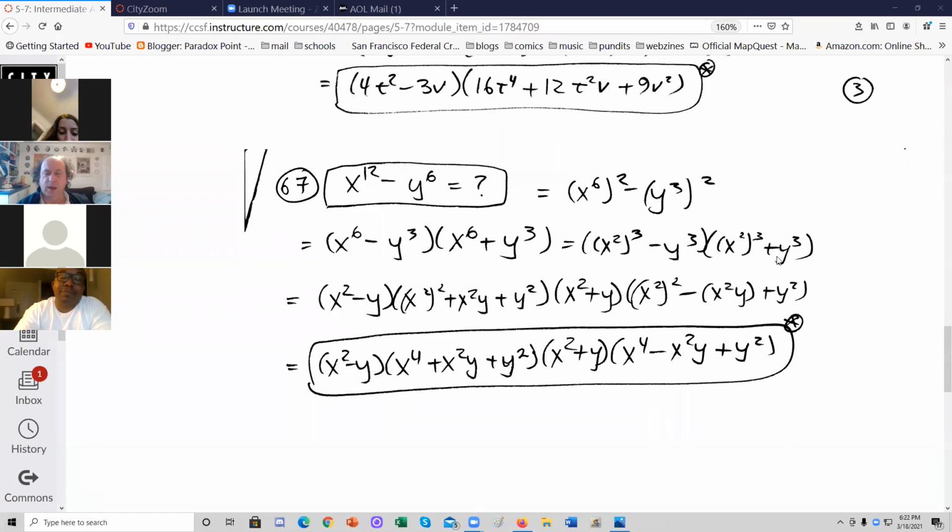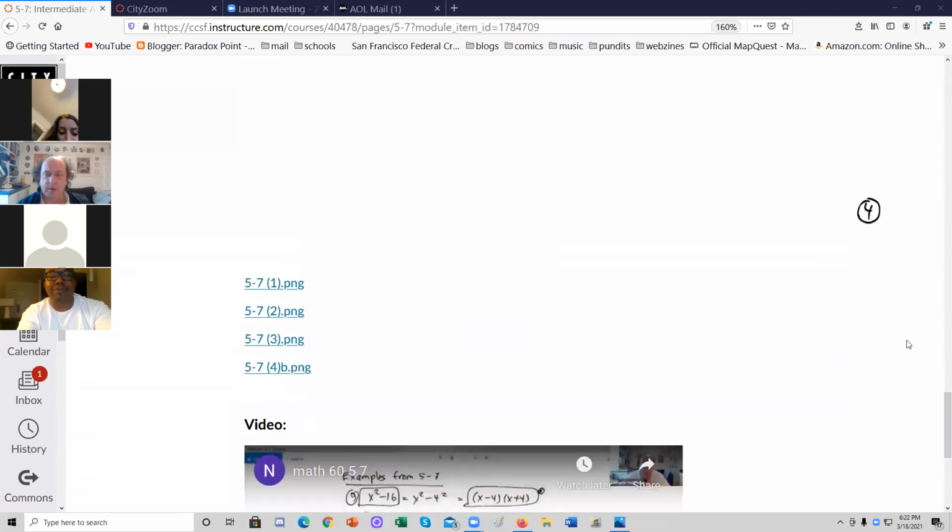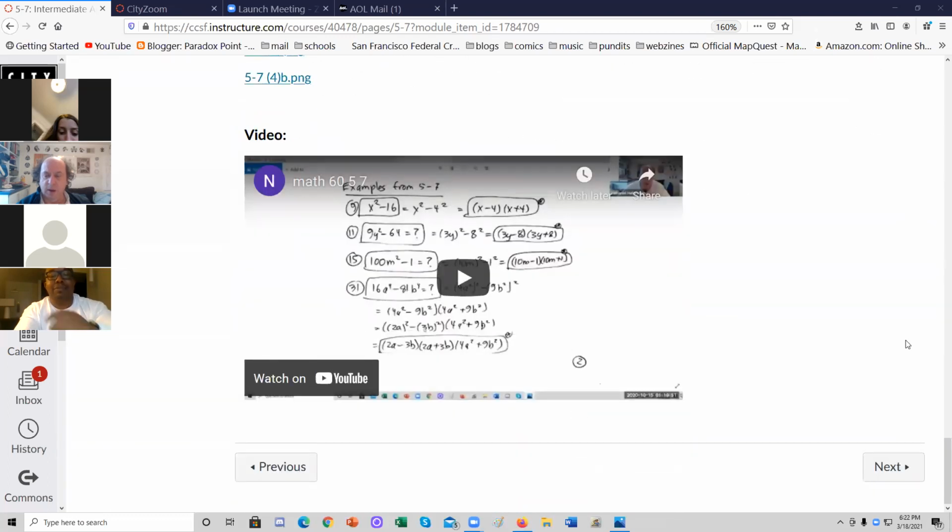This, x squared cubed plus y cubed, factors into a sum, x squared plus y, times square minus product plus square. After a bit of cleanup, we get this long thing: x squared minus y times x to the 4 plus x squared y plus y squared, times x squared plus y times x to the 4 minus x squared y plus y squared. Okay, that concludes this part.